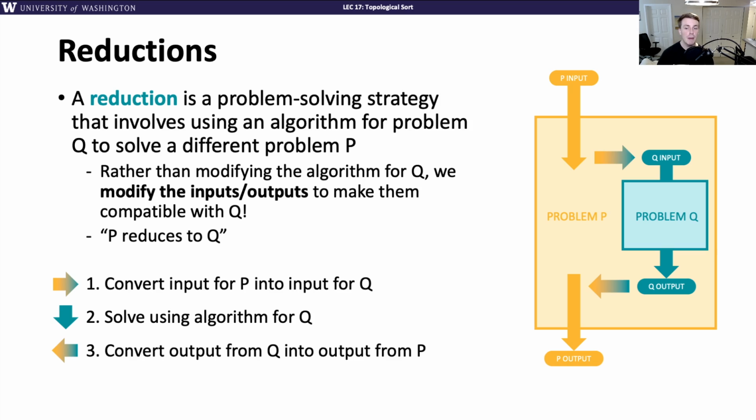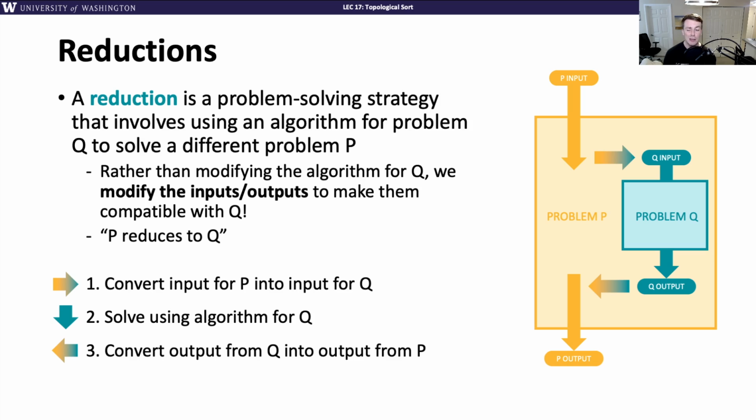So reduction is about changing the inputs and outputs rather than making a modification to the algorithm. We're trying to make our new problem compatible with some known problem, Q. And we use the terminology that P reduces to Q to describe that we're able to do this conversion.